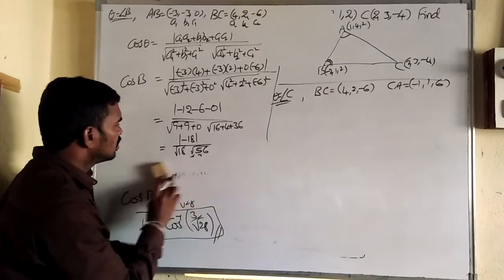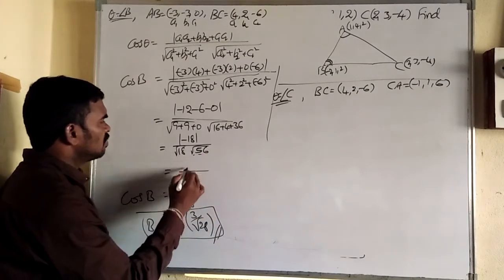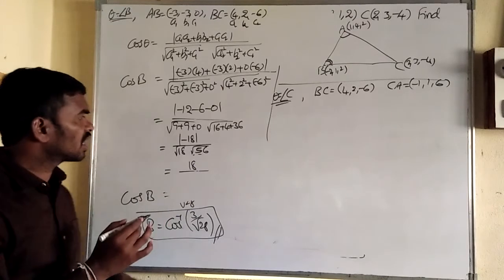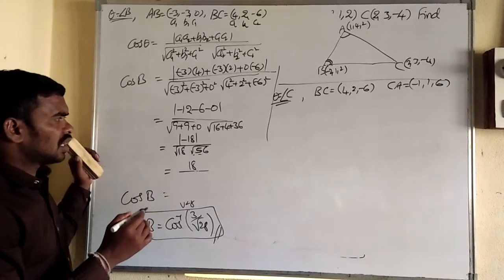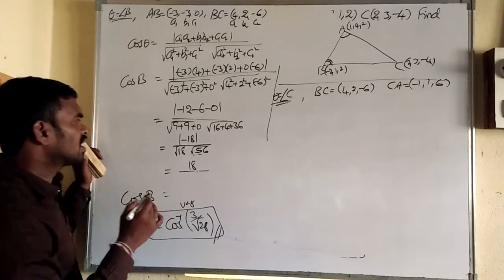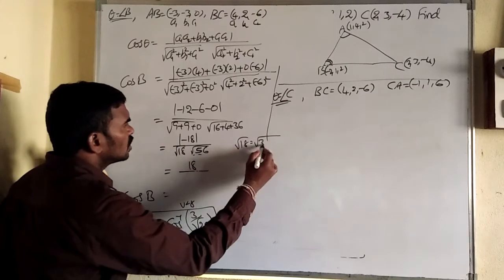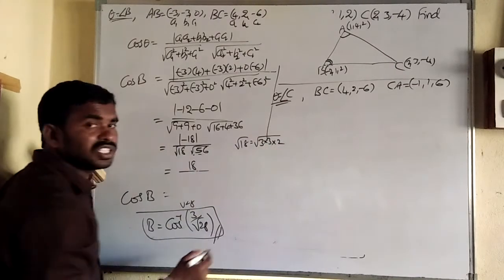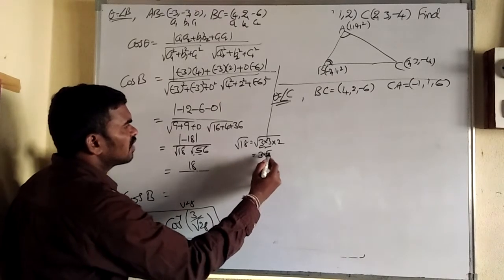For this, modulus minus 18 means 18. Is it okay? Next, root 18 equals root of 3 into 3 into 2. Am I right? 3 times 3 is 9, times 2 is 18. For the two 3's we can write one outside: 3 root 2.